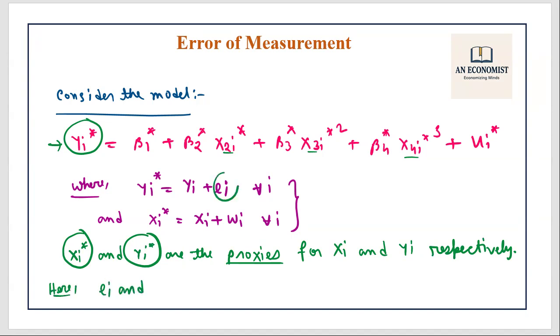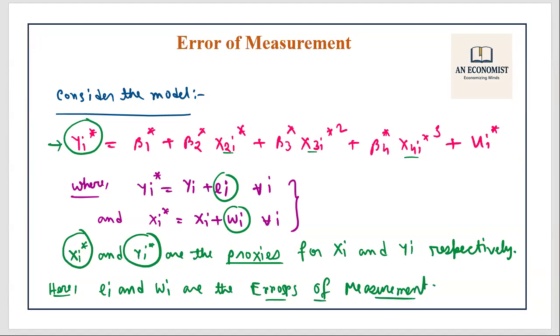See here, this ei is the error of measurement of yi and wi is the error of measurement of xi. So these are the errors of measurement of yi and xi respectively, right?